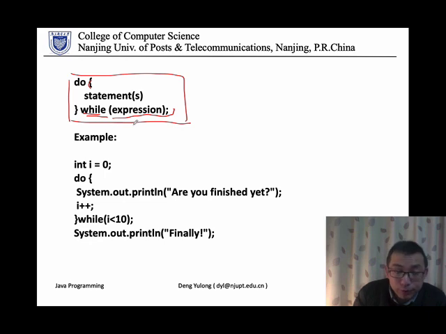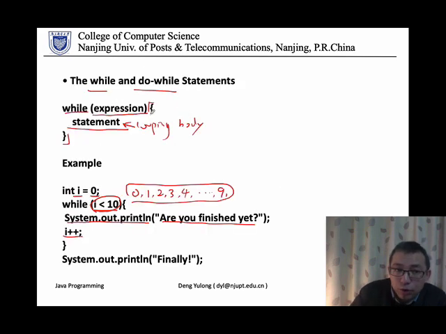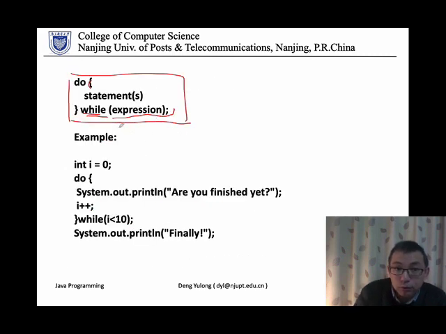It's very important for us. These statements will be executed the first time before the expression is evaluated. But in the while loop, the first step is to evaluate the expression; if it's true, then we do the looping body. In the do while, we do the statements at the first step, and the next step we evaluate the expression.